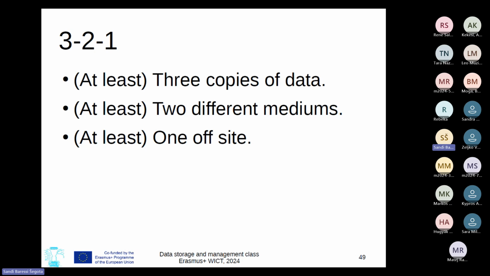If your two copies of data are on hard drives, and you don't know that your assistant was cleaning the laboratory and dropped the hard drives on the ground, picked them up, put them back on the table, and you go to check them out, or you suddenly have a problem. The data is corrupted, and you only check them because the data was already corrupted on the main computer. You have lost all the data.